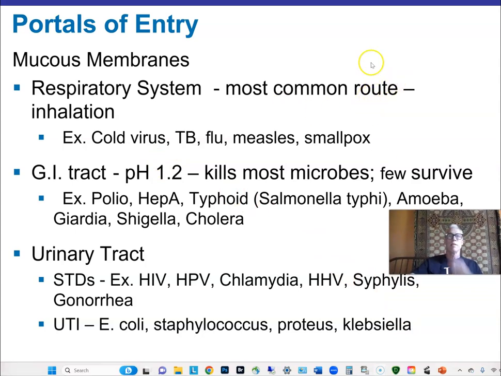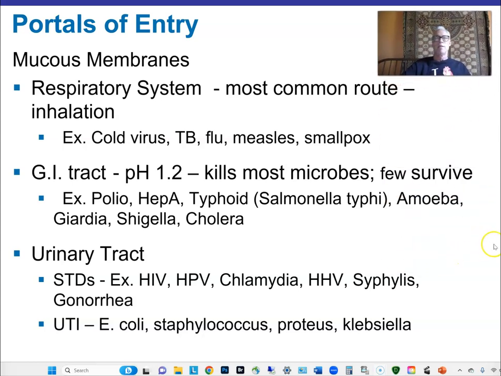Again, mucous membranes. The respiratory system is the most common route. Inhalation of various viruses and bacteria. You can see a list of very familiar diseases caused by inspiration or inhalation of microbes. GI tract, probably number 2. We take in a lot of microorganisms, pathogenic microorganisms included, in our diet.